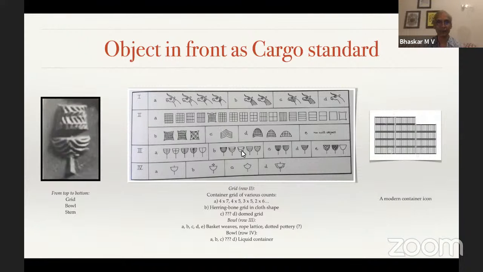Now, in the graphic in the middle, you see rows 2, 3 and 4.